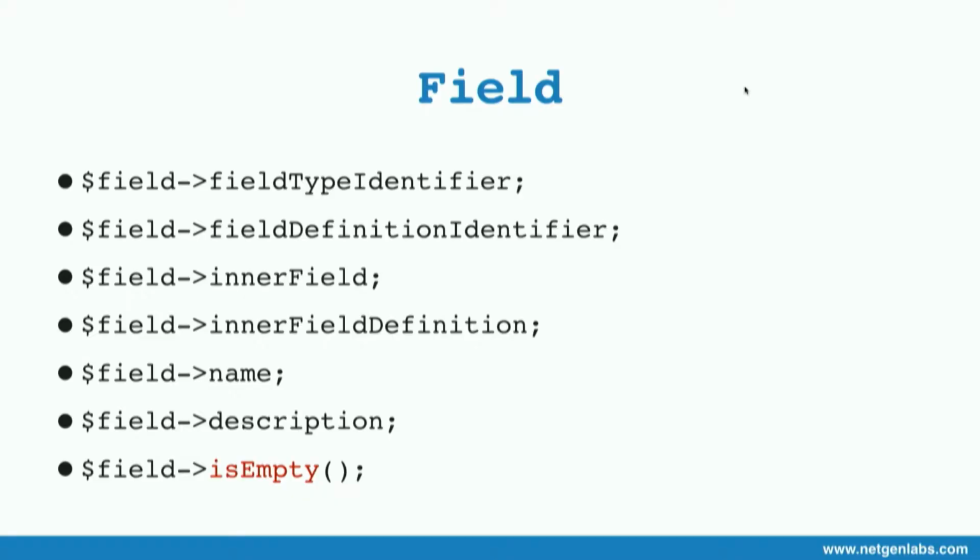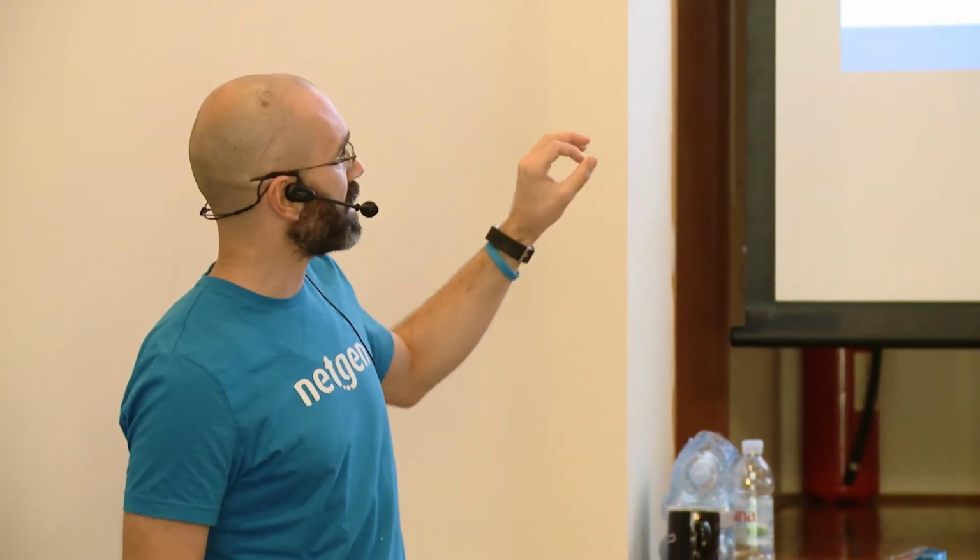Field definition identifier, also inner field and inner field definition from the repository. The name and description is automatically resolved, and there is an empty method, so you do not need any kind of helper in order to check if the field is empty.